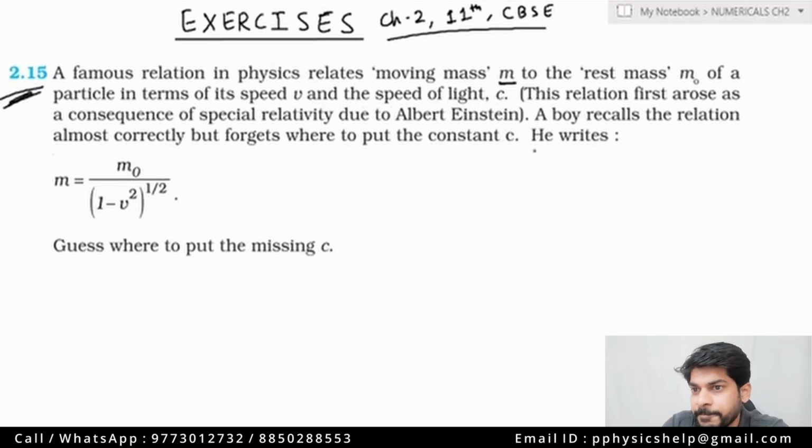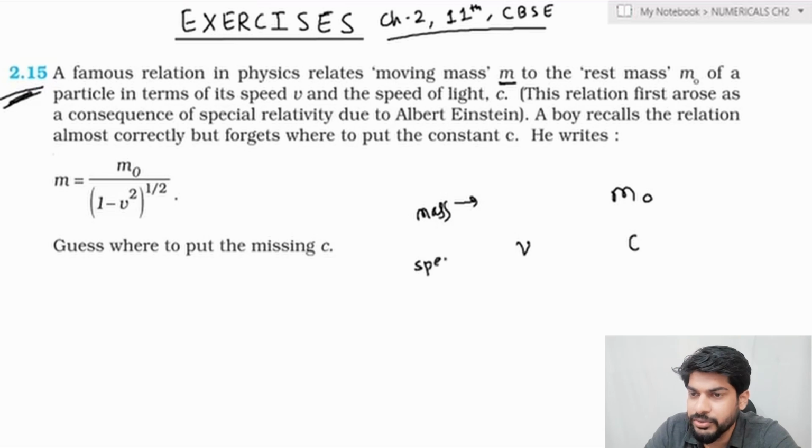So just see here, there are four physical quantities that are given: m, m naught, v and c. Actually there are two physical quantities, one is mass and the other is speed, but there are two masses and two speeds.